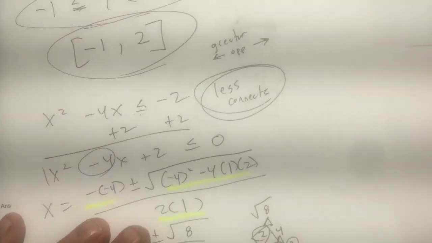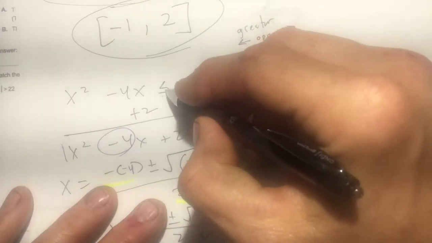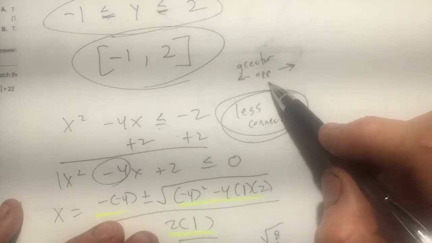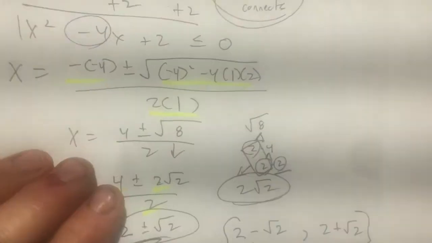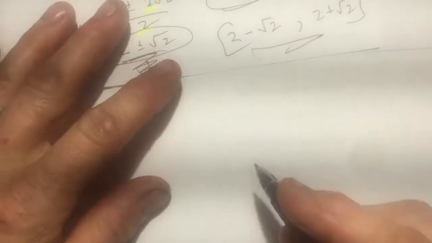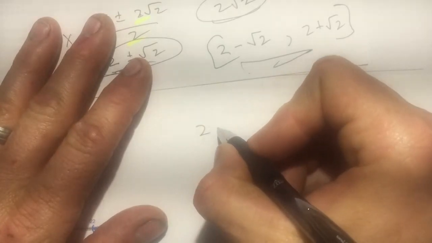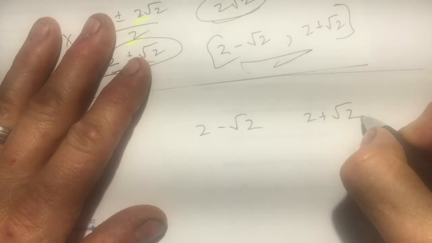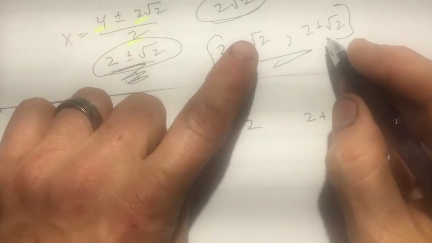Okay, now let's just suppose this was a greater than. If that was a greater than, that means they'd go opposite. Okay, which means 2 minus radical 2 is the low one. 2 plus radical 2 is the high one of these two.